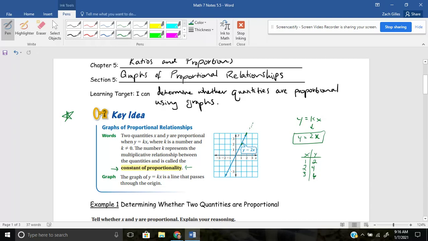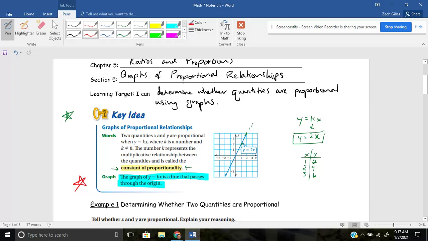We looked at this last section, and now we're looking at what it would look like if we graph that proportional relationship. The other important idea that we need to take away here is that the graph of a proportional relationship passes through the origin. That's a big idea. If your line does not pass through the origin, it is not proportional.